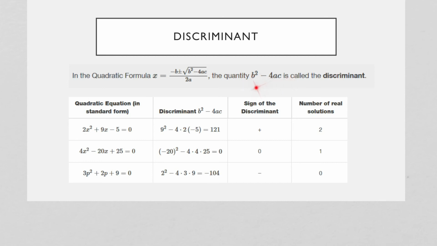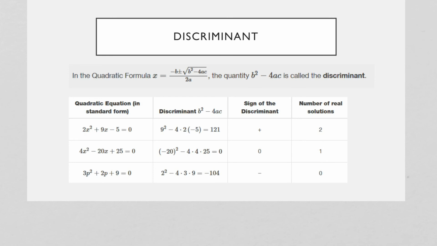Right here, if your discriminant is positive, whenever you do this math and what's under the radical is positive, you will get two solutions. I think you've probably noticed that, okay? When we did the math and we got 0 under the radical, we only had one solution. Remember that? That was the last problem that we did.